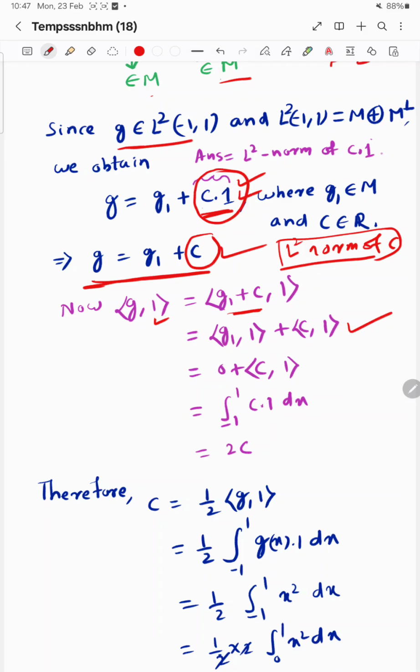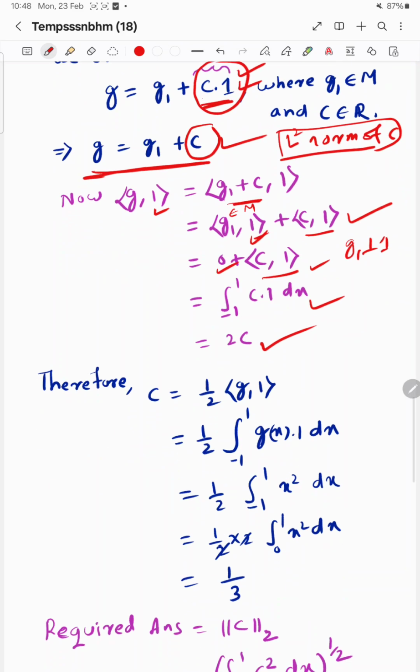We know that g1 belongs to M, and M contains all the elements which are perpendicular to 1, so g1 is perpendicular to 1, therefore this inner product value is equal to 0. The other inner product is kept as it is, and by using the definition of the inner product, we get the integration from minus 1 to 1 of C times 1 dx, which gives 2C. Therefore the value of C is equal to half times the inner product of g comma 1.